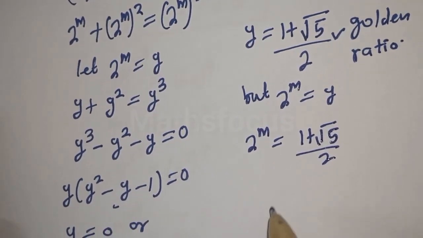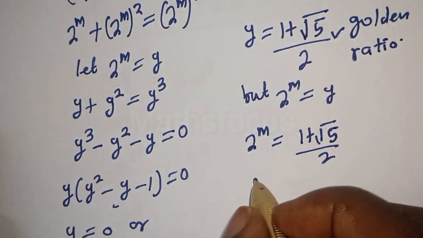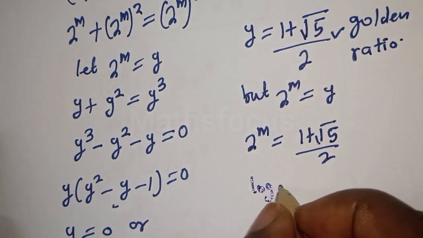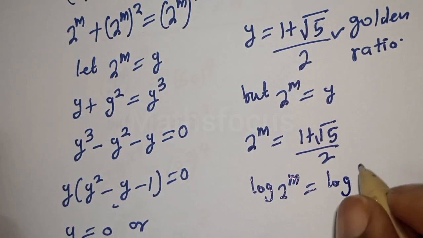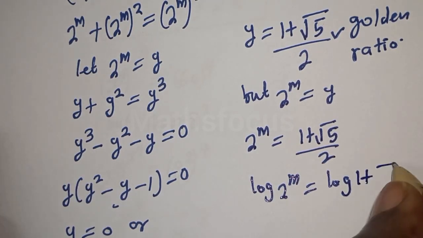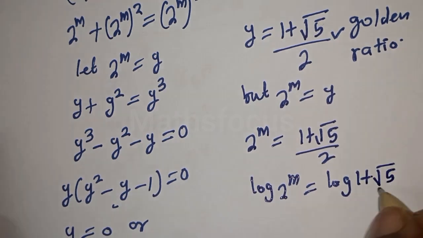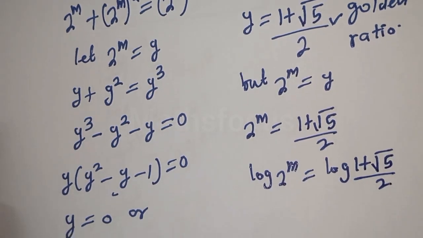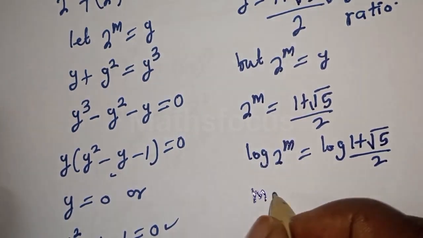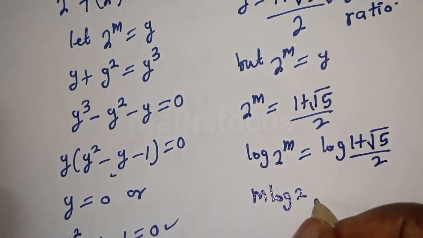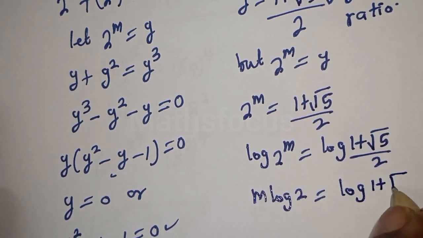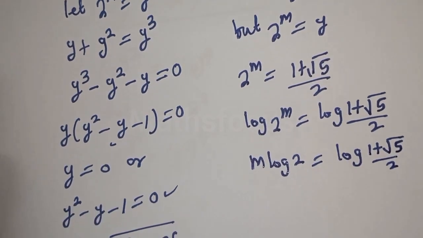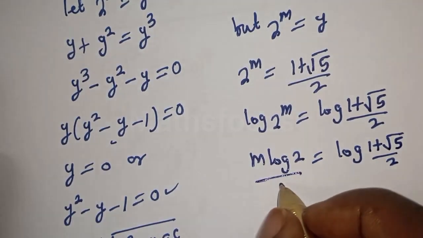Let's take the log of both sides. Log of 2^m is equal to log of (1 plus square root of 5) over 2. m log 2 is equal to log of (1 plus square root of 5) over 2. Let's divide both sides by log 2.